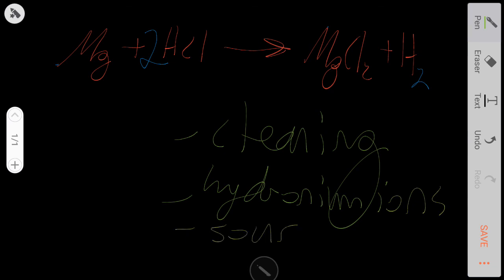So even if you have sour candy, look at the ingredients and you'll see something acid. Okay? Don't drink acids that are cleaning products. But a popular one that you might know is vinegar. Vinegar is an acid that is used for cleaning, if you've ever had to clean something.